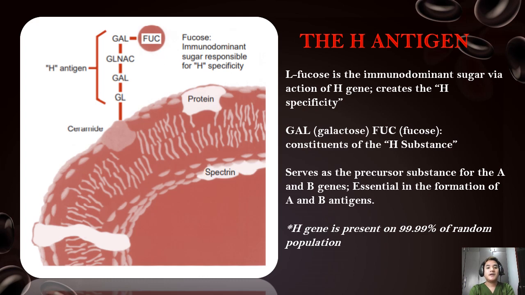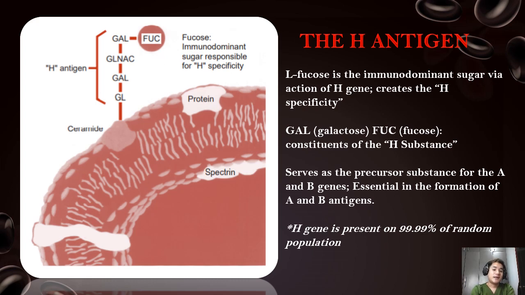So we have here a nice illustration of the oligosaccharide structure of the H antigen found on your red blood cell surface. Your original precursor chain here includes GLC, glucose, GAL, galactose, and GalNAc, N-acetylgalactosamine, and the terminal galactose.